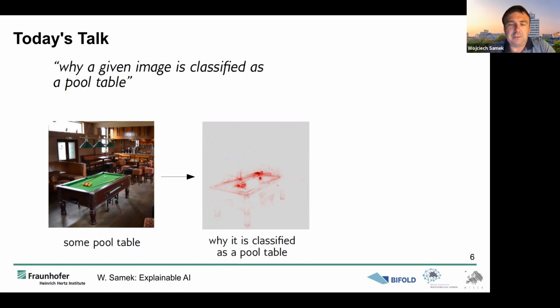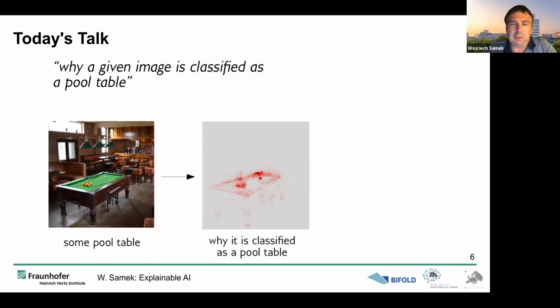So in this case, you see that the shape of the pool table and the pool balls are quite important for the model to predict this image as pool table, whereas the background is not so important. So this is like the things which we will look at today.